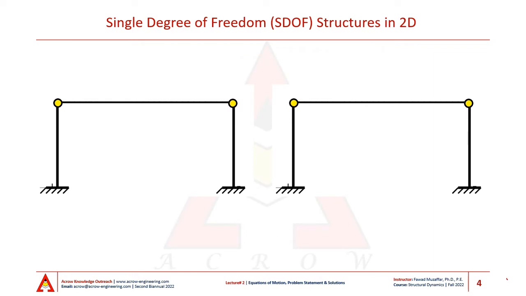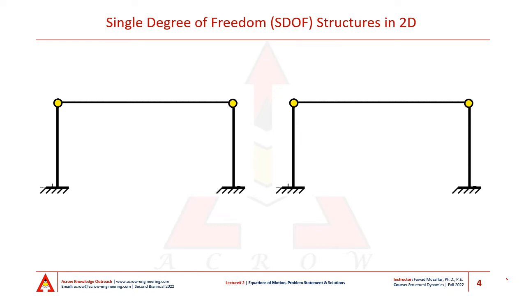Next, let's take a closer look at the single story frame that we have been looking at in the previous few slides. Let's calculate the degrees of freedom that are required to describe the stiffness properties of this frame, as well as the degrees of freedom that are required to describe the inertial properties of this frame.